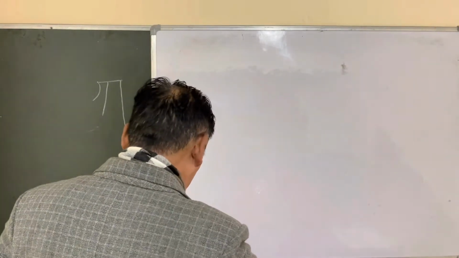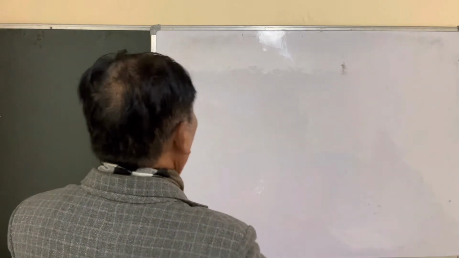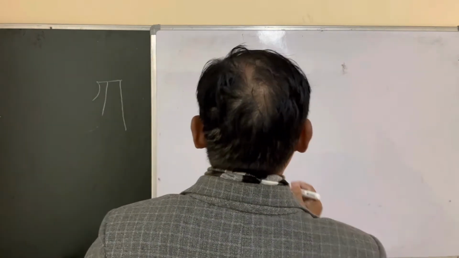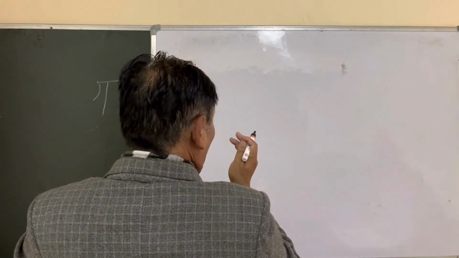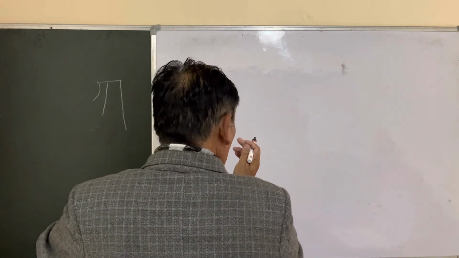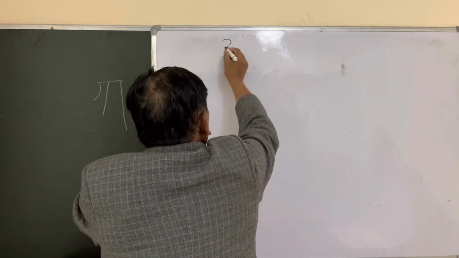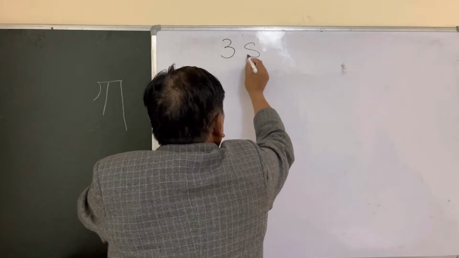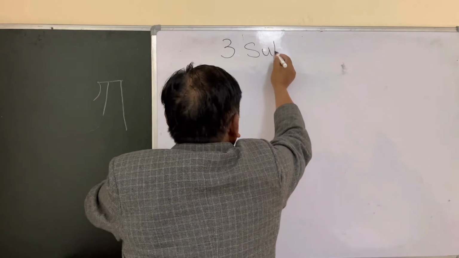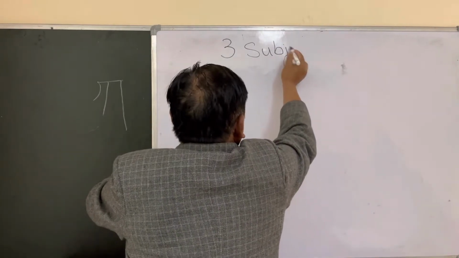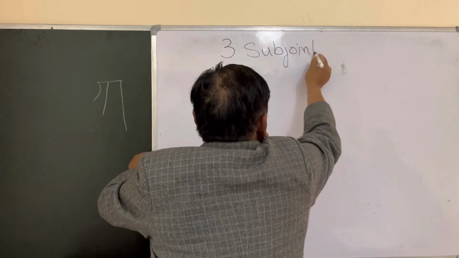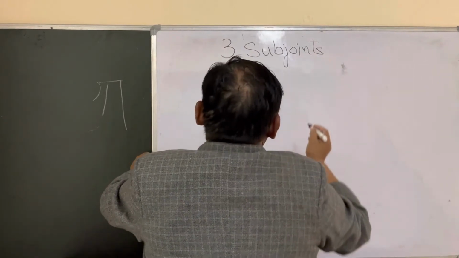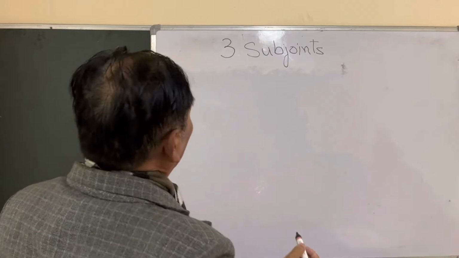So for subjoints, there are three subjoints.